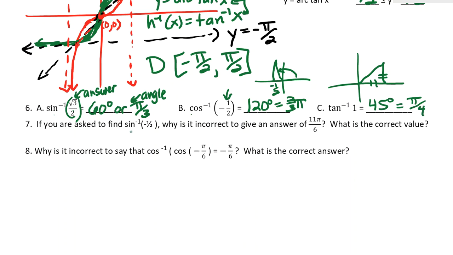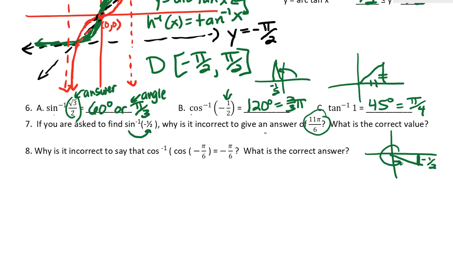All right, so when you are asked to do inverse sine of negative 1/2, you're thinking backwards. What angle has a sine of negative 1/2? So why would it be wrong to say 11/6 pi? Isn't it true that this triangle has a sine of negative 1/2? It is true, and it looks like that angle could be called 11/6 pi.